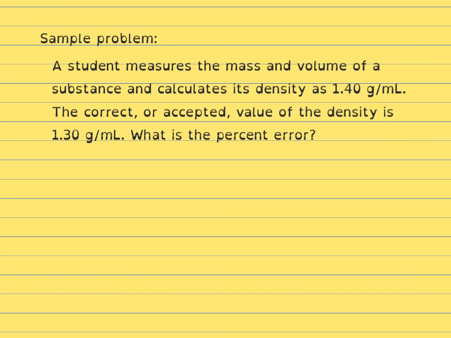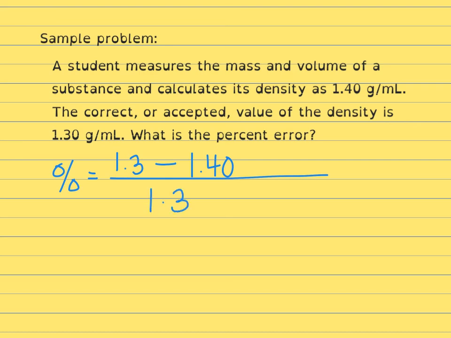Here's a sample problem to work through. A student measures the mass and volume of a substance and calculates the density as 1.40 grams per milliliter. The correct or accepted value of the density is 1.3 grams per milliliter. What is the percent error? To find our percent error, we are going to subtract our measured value from our accepted value, which is 1.3, and then we're going to divide by the 1.3, the accepted again.